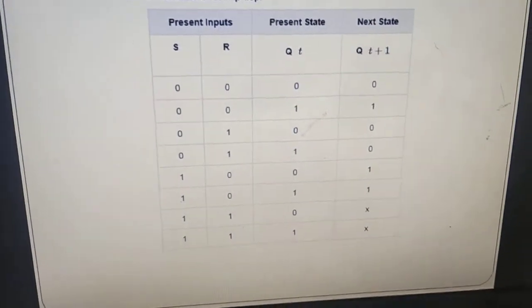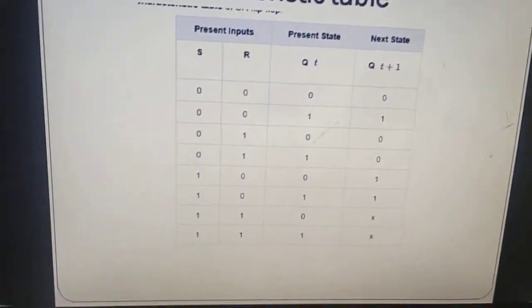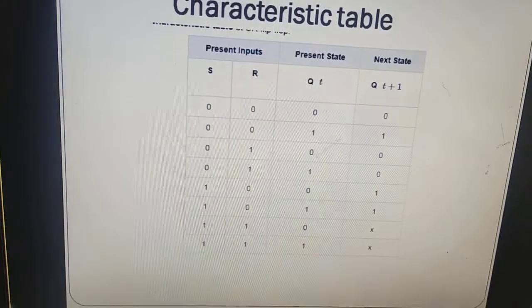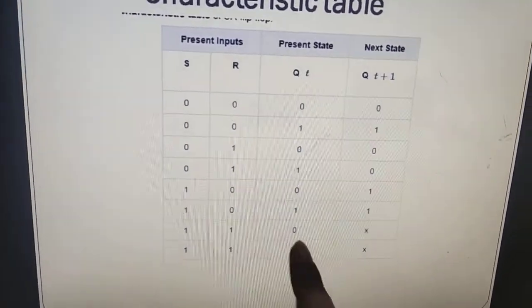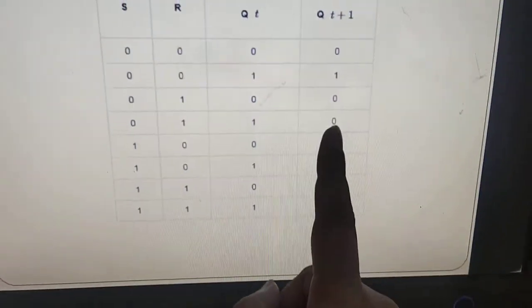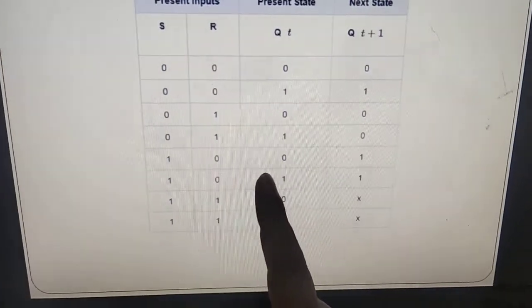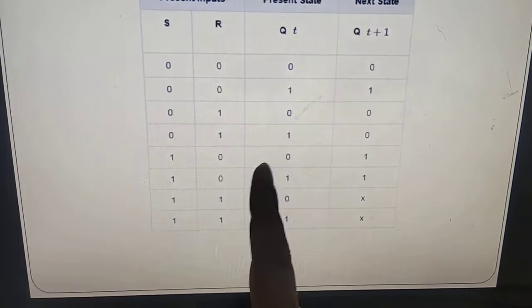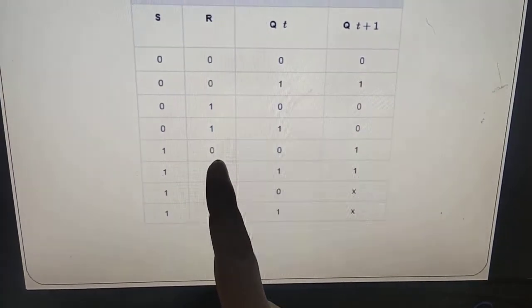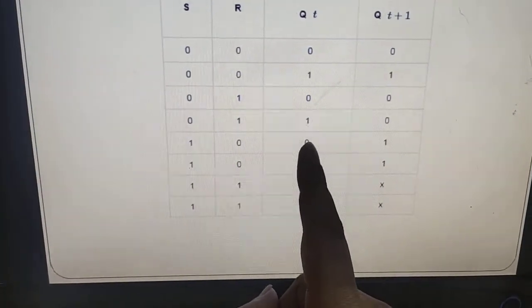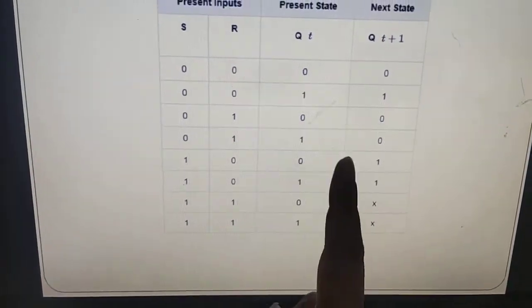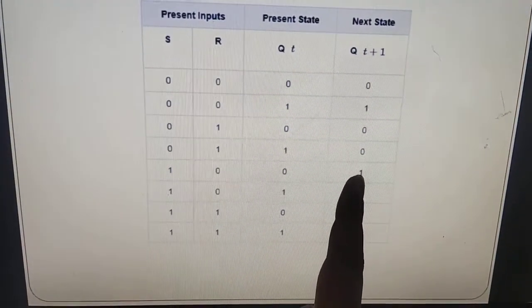And S is equal to 0, R is equal to 1 means there is a change, there is a mistake here. So it should again be 0 and 0. I am taking this as S is equal to 1, R is equal to 0. Previously I am taking it as 0, so definitely the next state Q of t plus 1 will be 1.